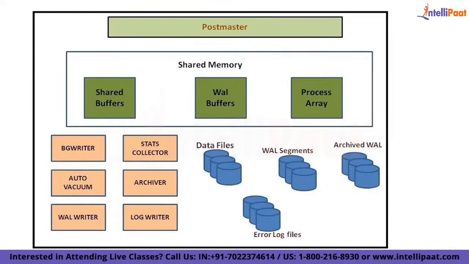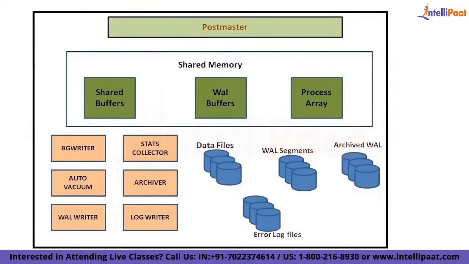So this is the basic configuration, the basic architecture of Postgres. Let's compare Oracle and Postgres. When you start Postgres, Postmaster is the main process, which will be started first. It is responsible for receiving the incoming request, just like a listener.